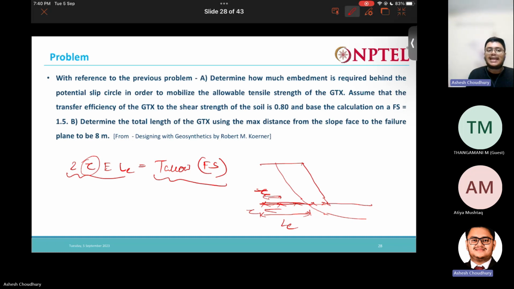But in reality, as this length increases, the mobilization actually reduces.